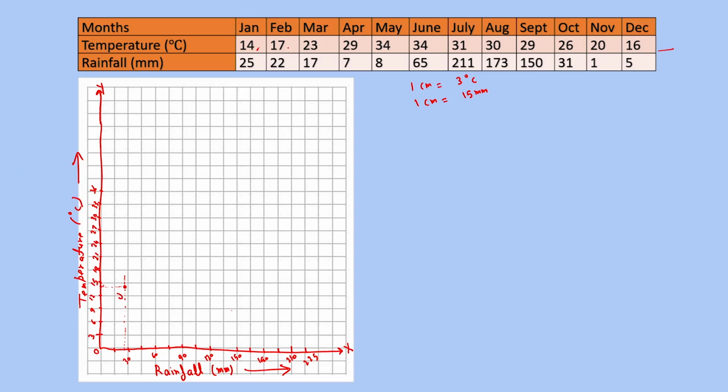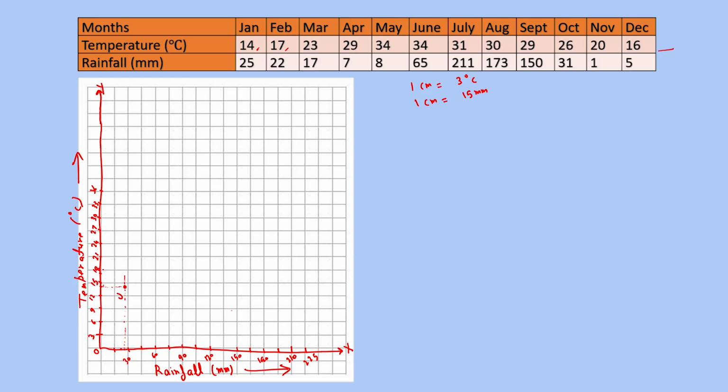We will do the same for the month of February. It shows a temperature of 17 degrees. First we will locate where 17 degrees is. Maybe it is here. The same thing we will do. We will also locate the rainfall. It says 22, so we will locate where 22 is on the graph. It may be here.